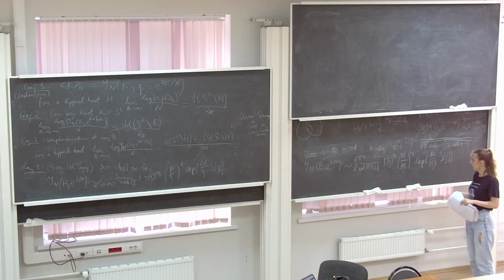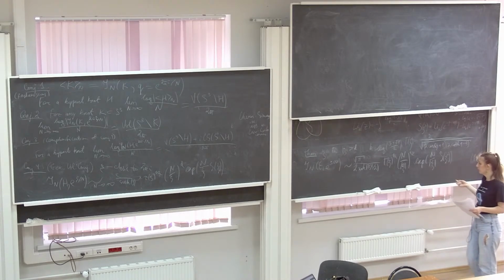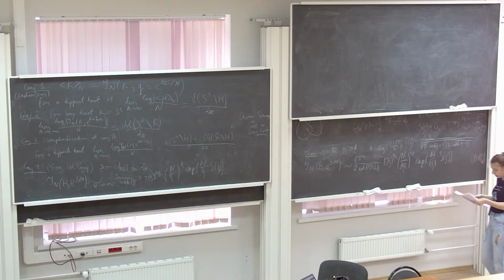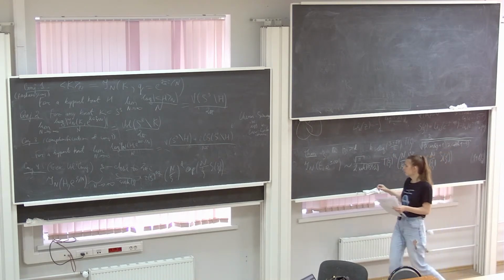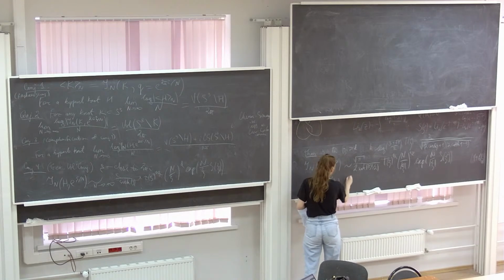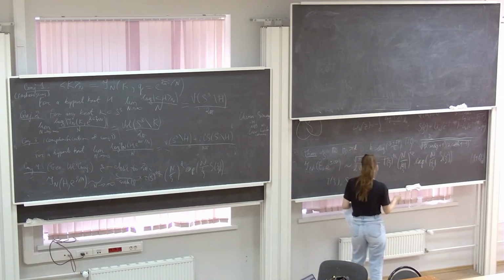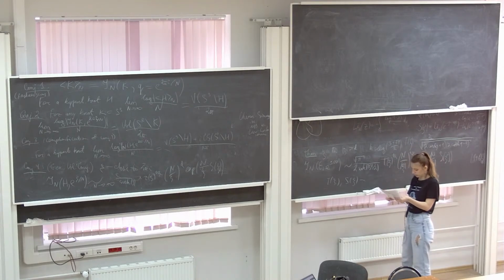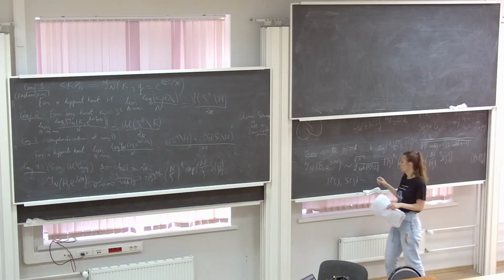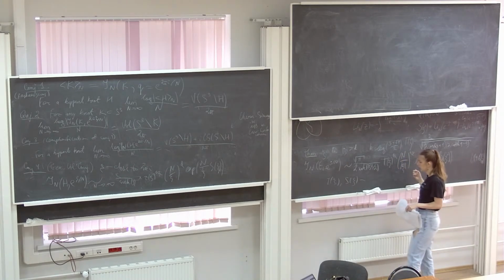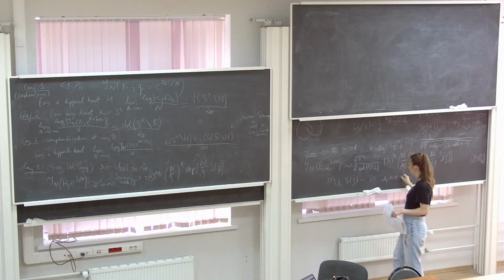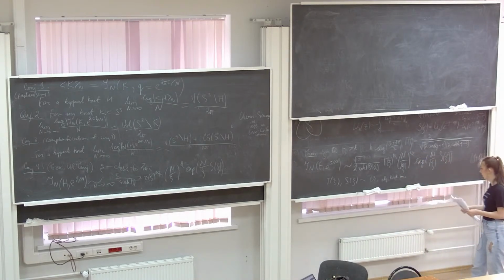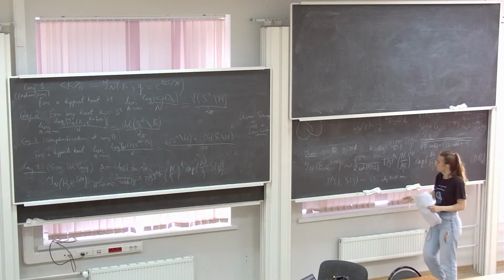Another interesting observation that I will mention in the end is that these functions that appear here, tau of Xi and S of Xi, are related to topological invariants of our knot, namely the Chern-Simons invariant and the joint Reidemeister torsion associated with some representation.